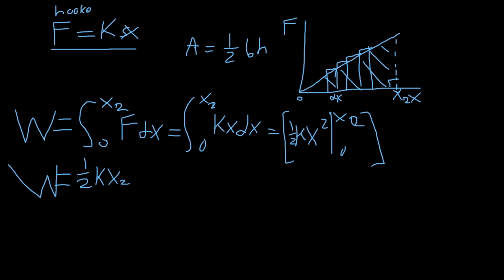So let's get a practice problem so we can see an example, which is where this is being demonstrated. So imagine you have a spring. This is in its normal state.